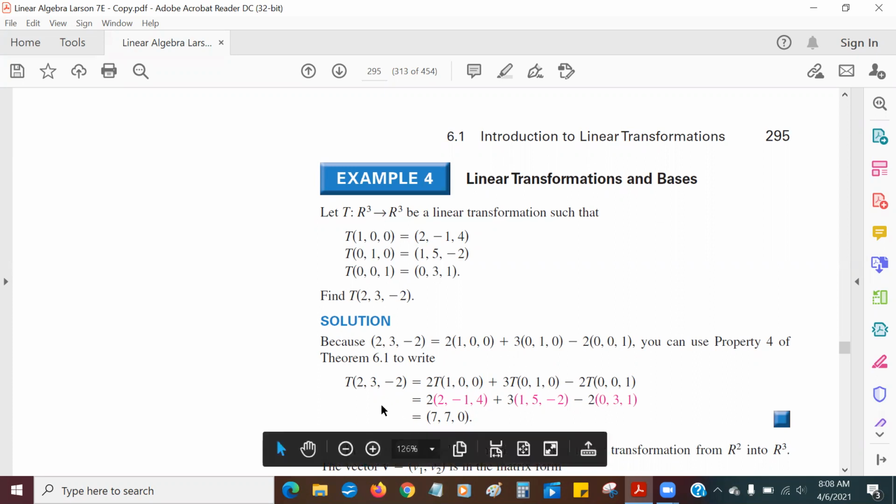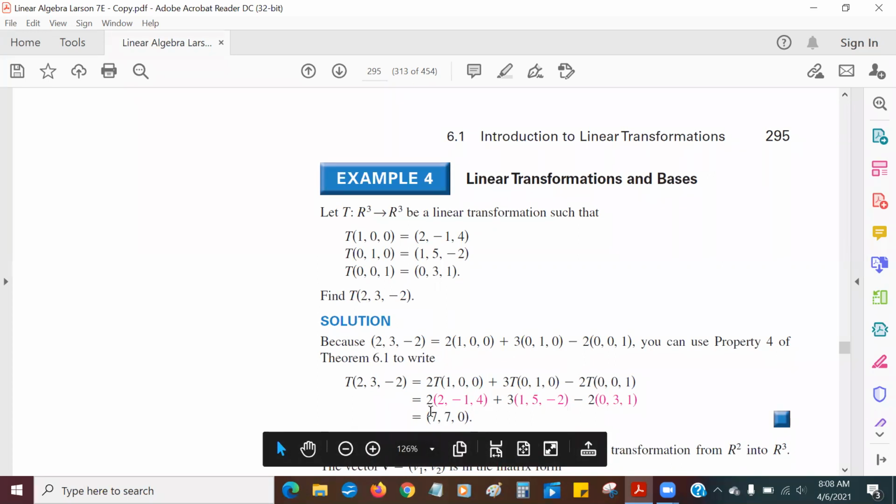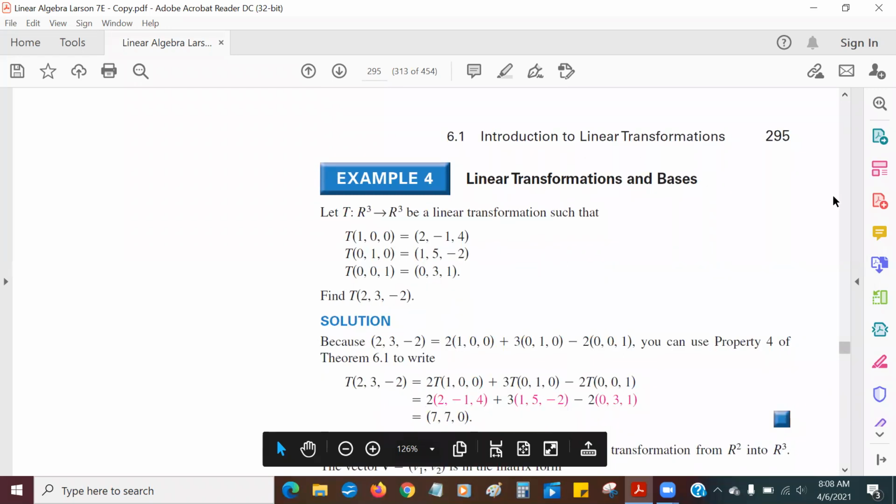And we know from property 4, that famous property 4, it's just going to be 2 times the image plus 3 times the image minus 2 times that image, which just winds up being 2 times this guy and 3 times that guy and minus 2 times that guy. And then I wind up getting 7, 7, naught. Oops, I think I went wrong, okay, what did I do?